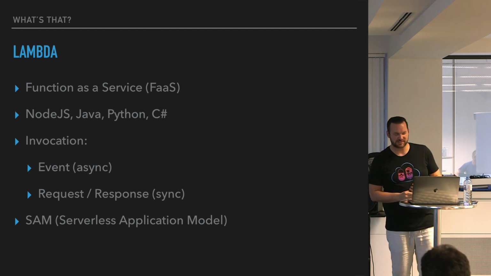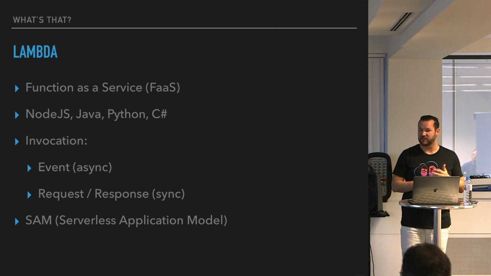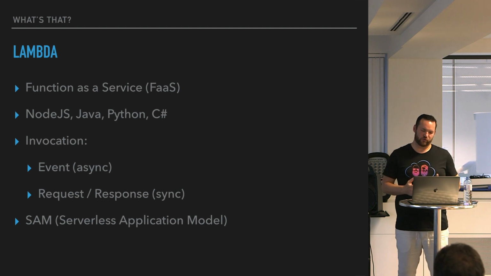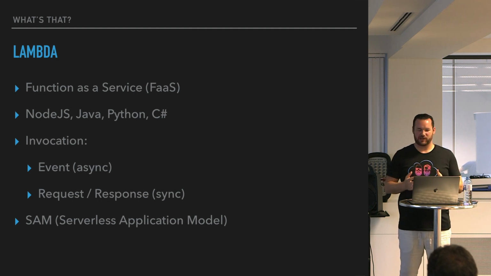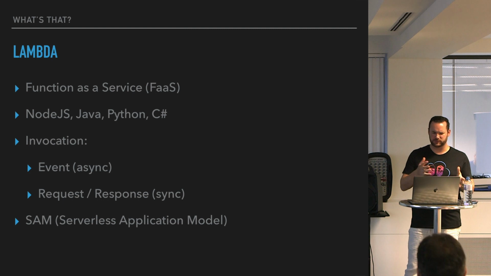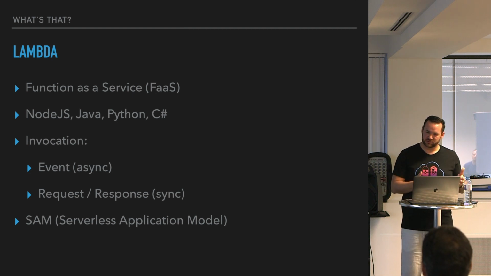And AWS started, I think last year, with SAM. It's the Serverless Application Model, and AWS tries to create a description language for serverless functions. That means with SAM they created some kind of CloudFormation-similar description language that could be used by other cloud providers as well.